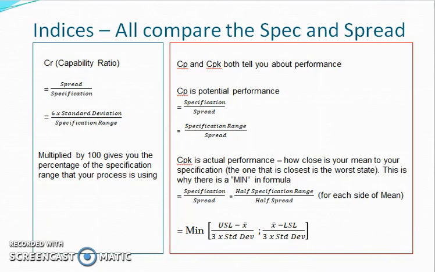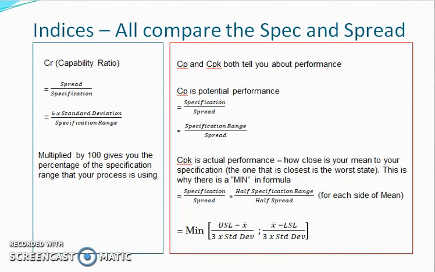CP, on the other hand, does the inverse of that. The rule for CR is a process is capable if it's less than 1. Rule for CP, of course, because it's the inverse of CR, is a process is capable if it is more than 1 or 1 and more.